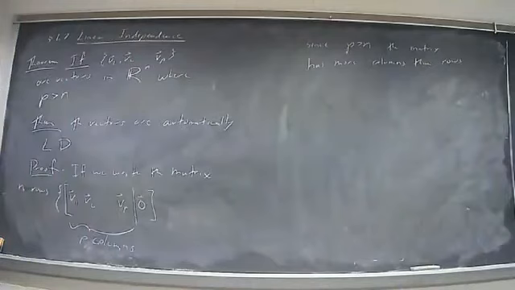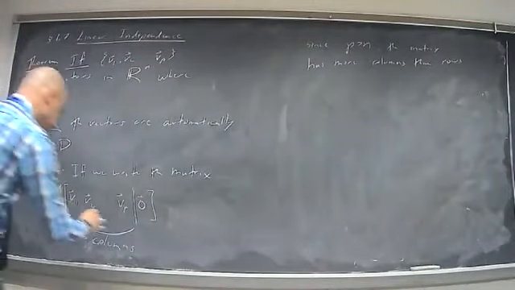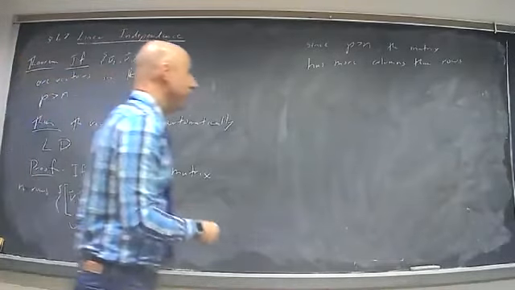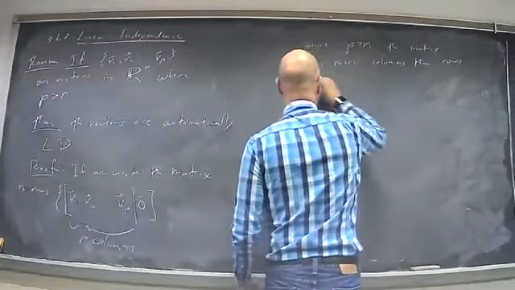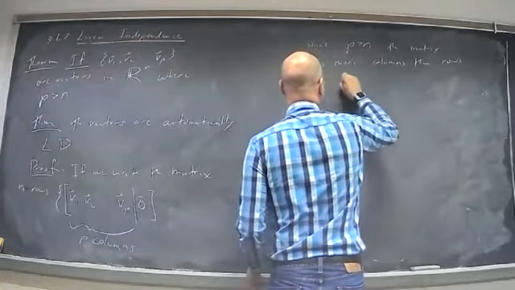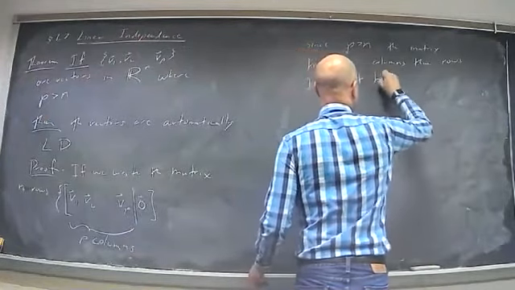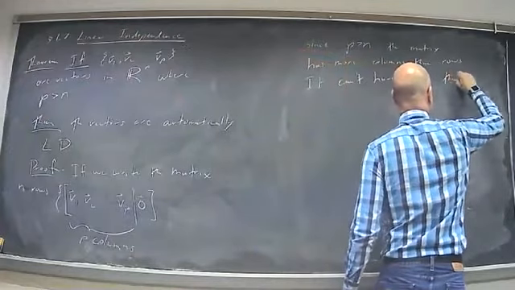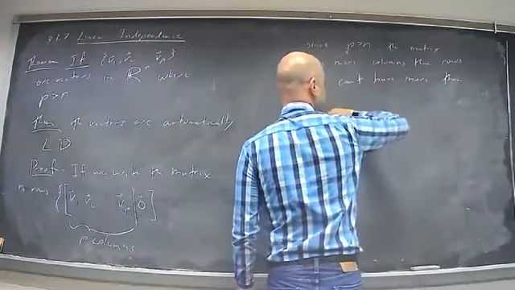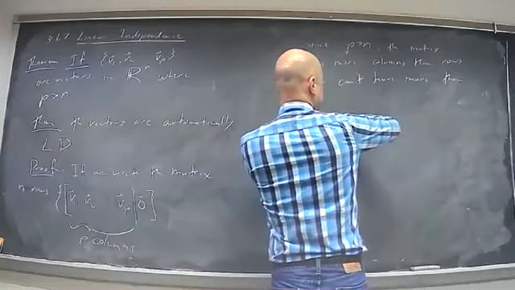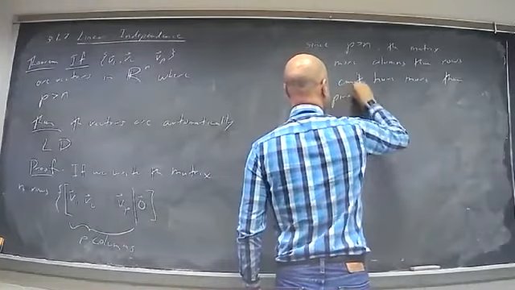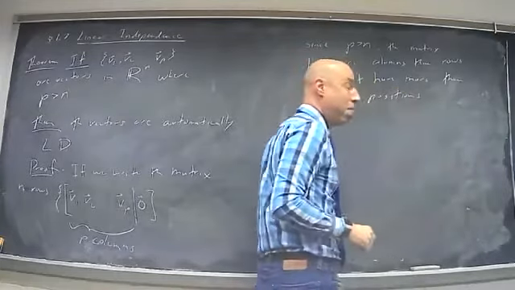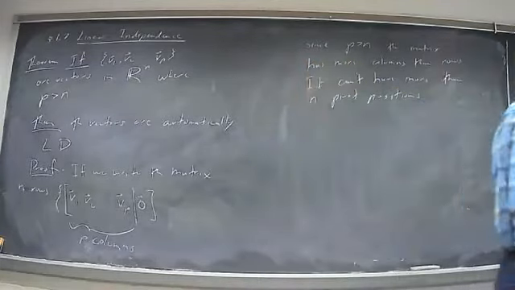We can't have more than n pivot positions. n is the smaller of the two numbers. So there can't be a pivot position in every column.